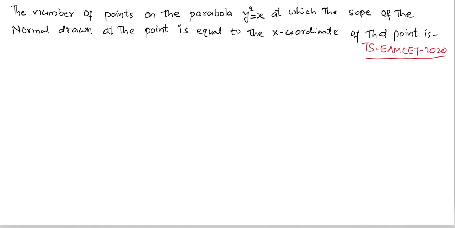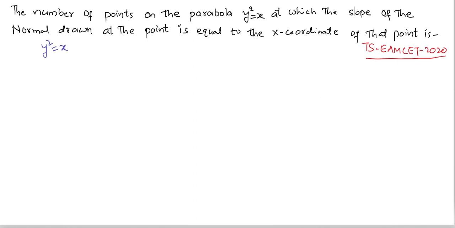The number of points on the parabola y square is equal to x at which the slope of the normal drawn at the point is equal to the x coordinate of that point is? This is a TSM set 2020 question. So the given parabola is y square is equal to x.